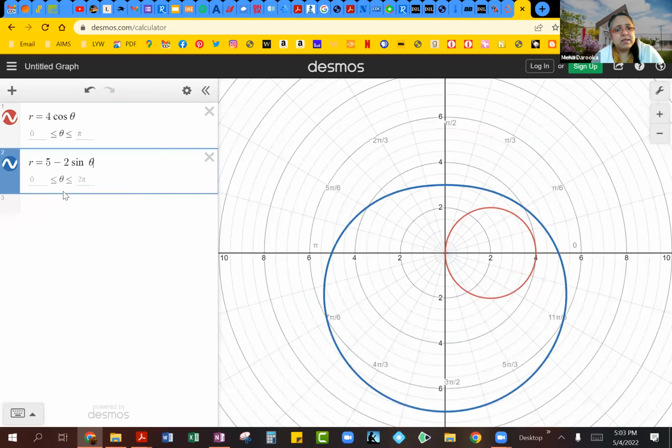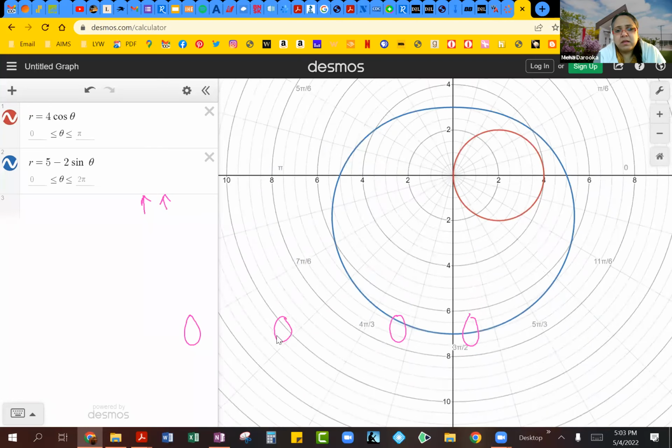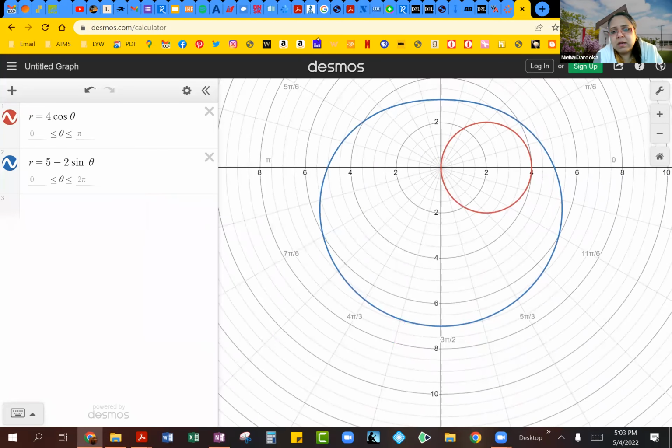And this was sine theta. So you can see this is actually what the graph comes out to be. And right over here, you will see at the bottom, you hit your 7 right over here, because this is your angle, 3 pi halves, and this is where you come to 7.